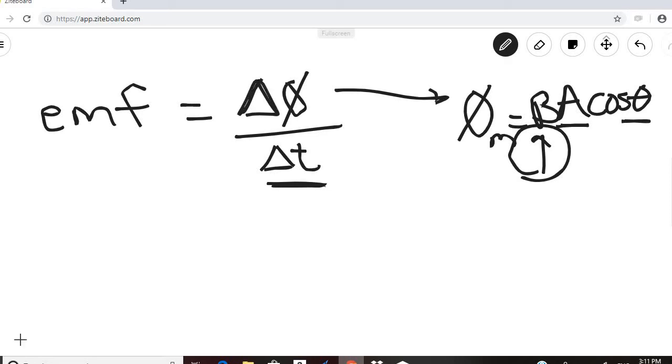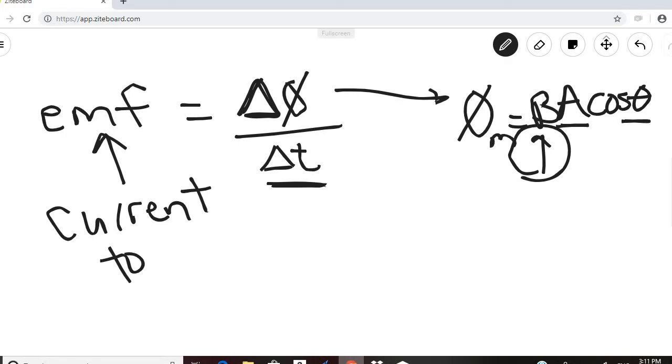So then the magnetic flux changes. If you change the magnetic flux, that is going to change the electromotive force that will cause current to flow.